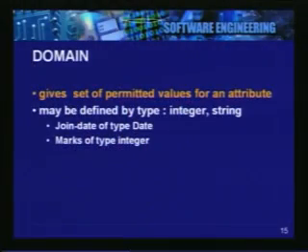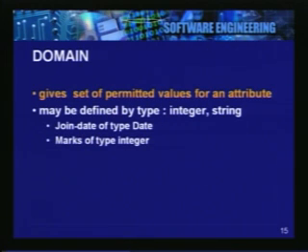So domain is again an important concept in defining our application. We list the set of permitted values for a given attribute. This is again part of defining a constraint, what is called an integrity constraint, or validation constraint. This is important for validating the values in the database.